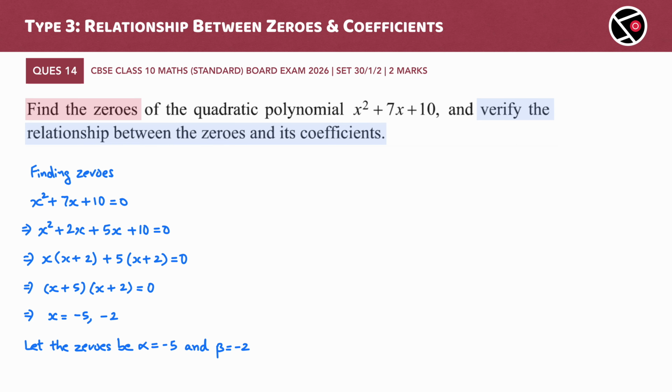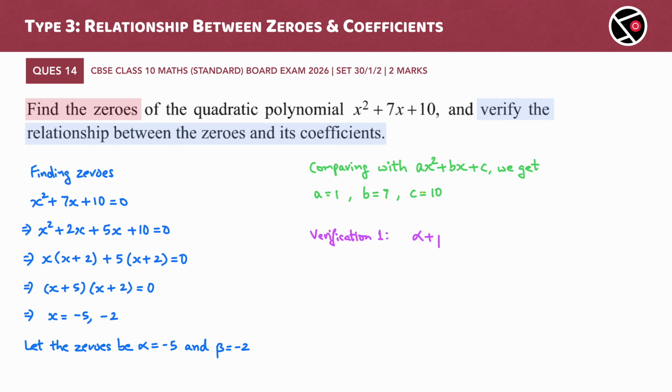Now to verify the relationship between zeros and the coefficients, we first compare the given polynomial with the general form of the polynomial. Coefficients are a equals 1, b equals 7, and c equals 10. We will now verify the relationship for the sum of zeros.